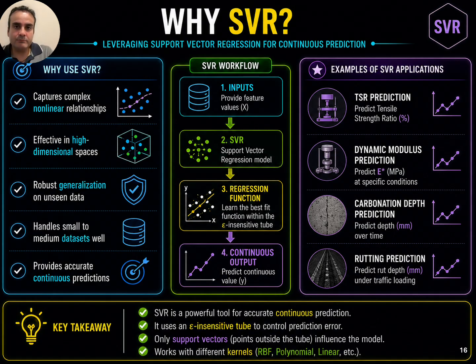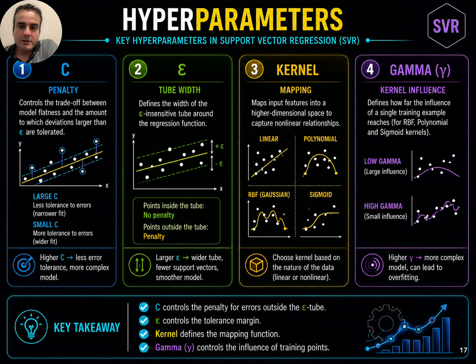The workflow begins with input features, followed by training an SVR model. This model learns the relationship between the inputs and outputs, and then the trained model predicts continuous values for new observations. The examples shown on this slide include TSR prediction, dynamic modulus prediction, and other engineering parameters.